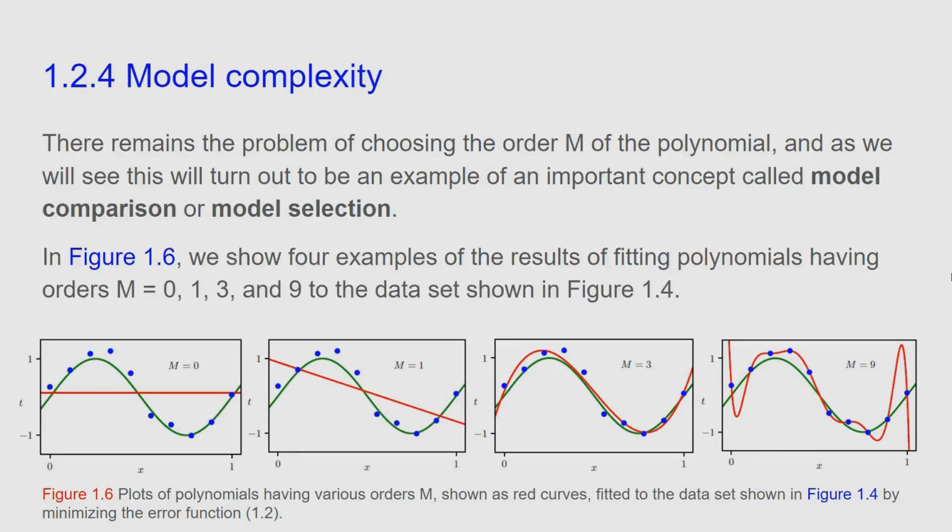In Figure 1.6, we show four examples of the results of fitting polynomials having orders M = 0, 1, 3, and 9 to the data set shown in Figure 1.4.